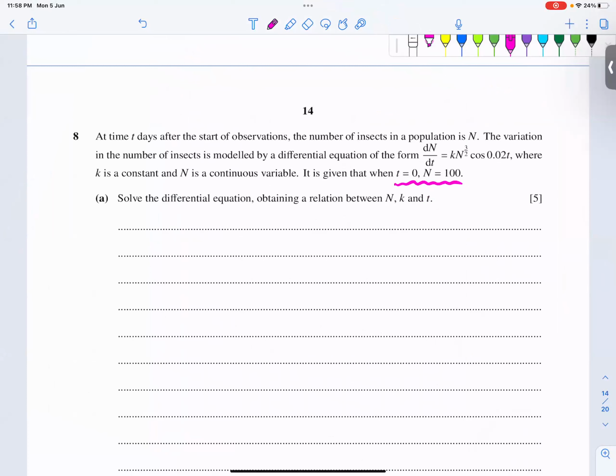Write the differential equation first. The differential equation says dn over dt is equal to k times n to the power 3 over 2 into cos of 0.02t. Okay. First, bring the dt to the numerator and bring n to the power 3 by 2 to the left side.